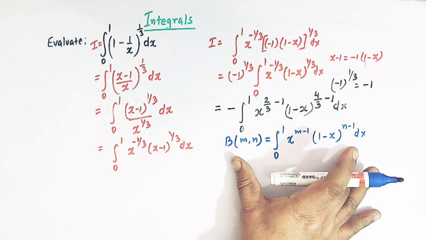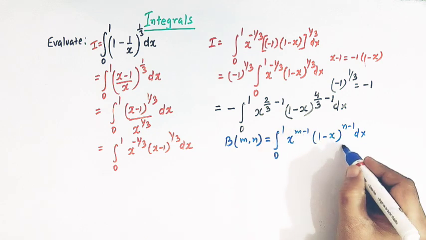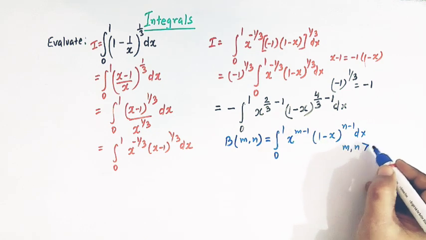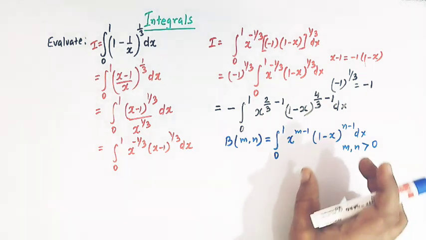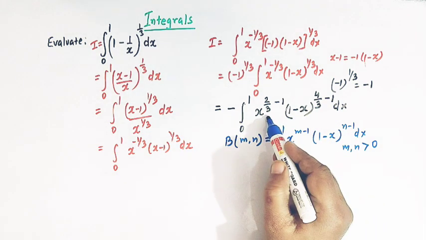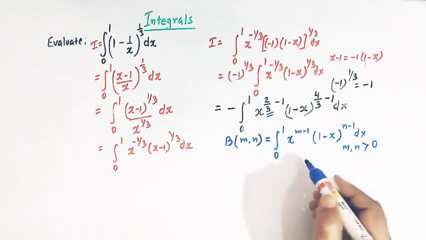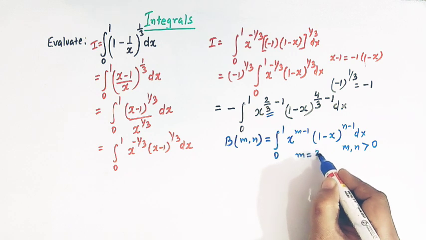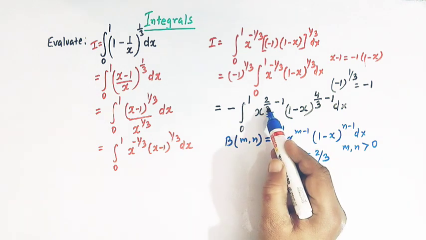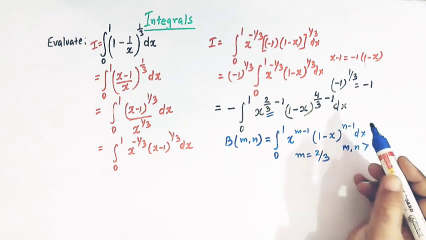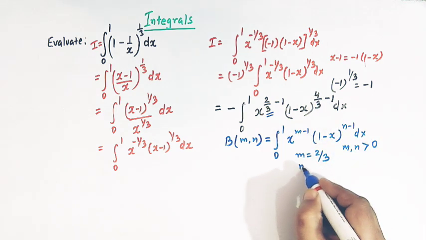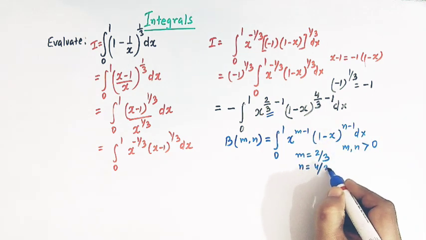So this is the definition of beta function, right, where m and n are greater than 0. So now if we compare this integral with this one, then the value of m is 2 over 3, right, and the value of n is equal to 4 over 3.